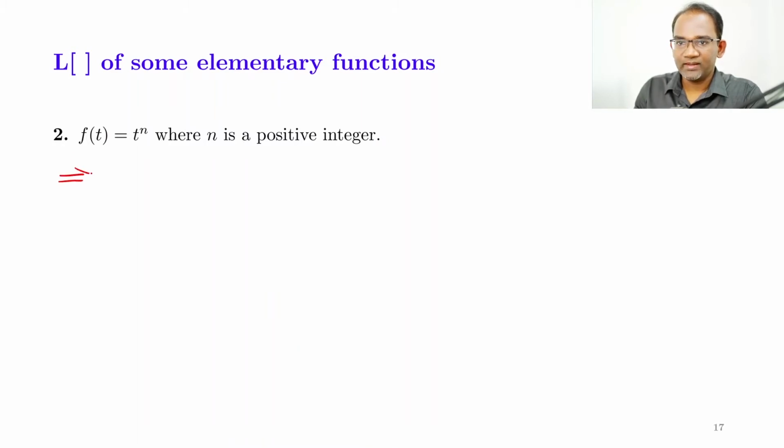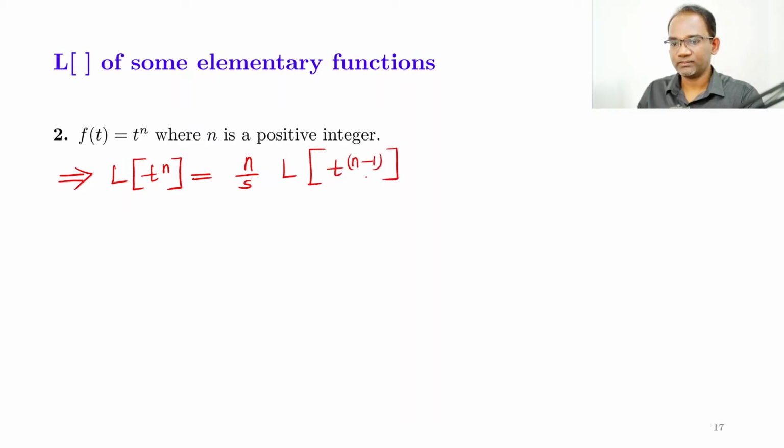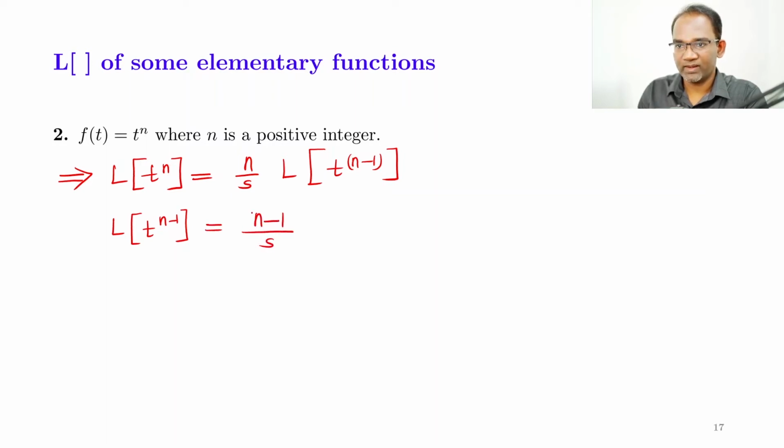So we have seen that the Laplace transform of t raised to n is equal to n over s times the Laplace transform of t raised to n minus 1. And when we take the Laplace transform of t raised to n minus 1, this will be equal to n minus 1 over s times the Laplace transform of t raised to n minus 2.